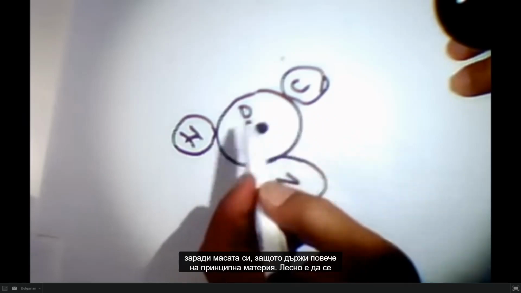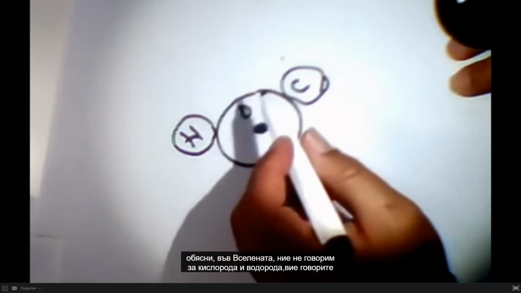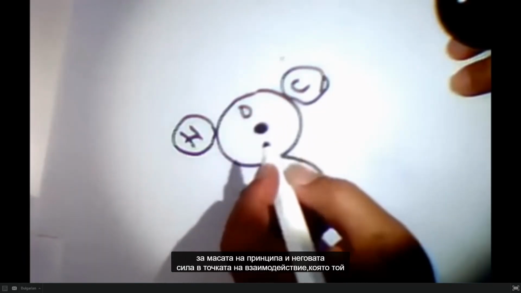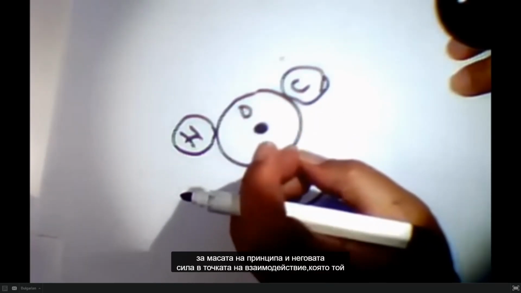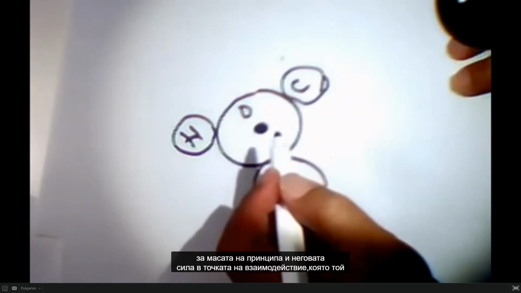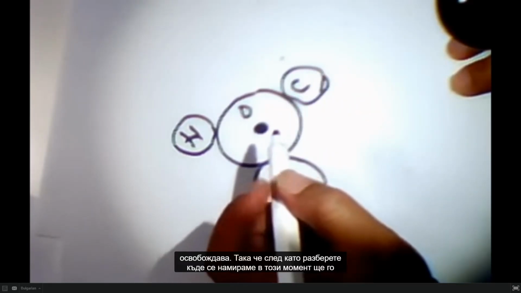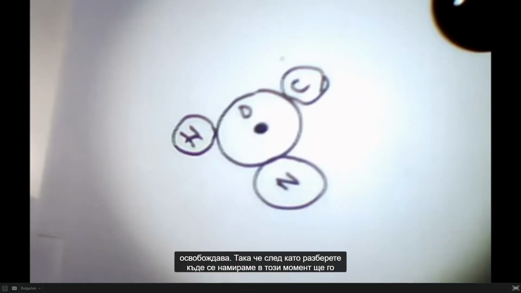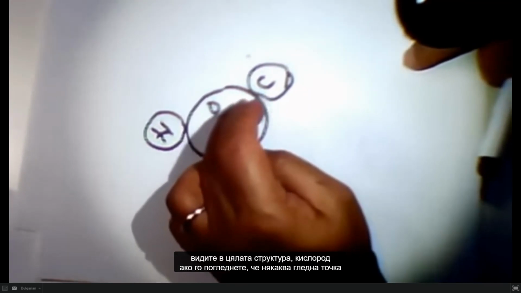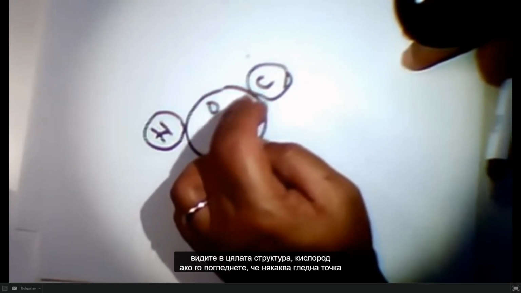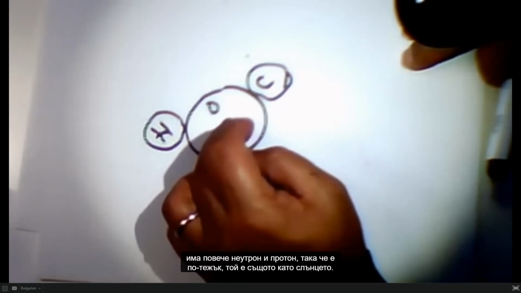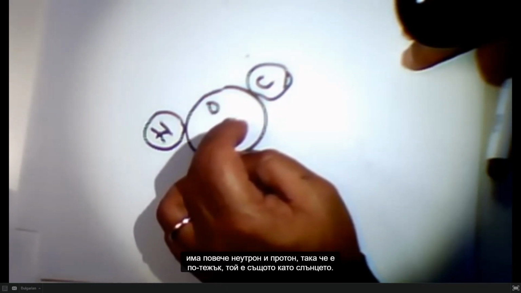It's easy to explain. In the universe, we do not speak about oxygen and hydrogen. We speak about the mass of the principle and the strength of the mass of the principle at the point of interaction which it releases. Once you understand where we are at this point, you will see in the whole structure that oxygen, from the matter point of view, has more of what you call neutron and proton, so it's heavier.